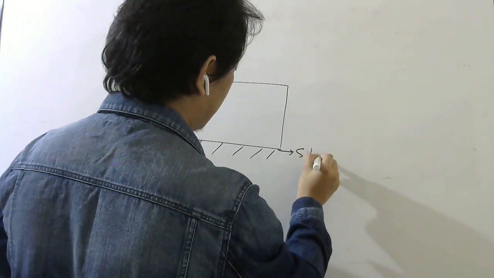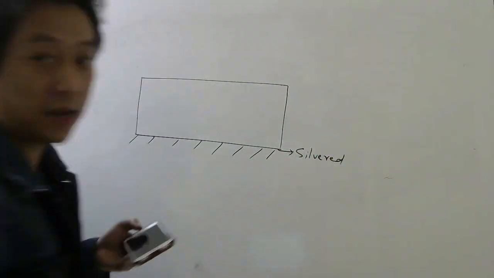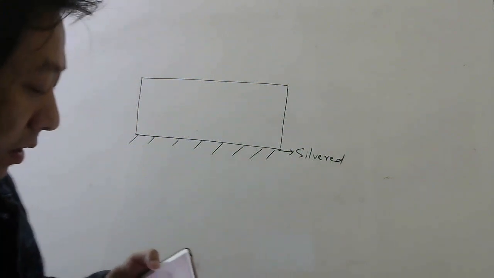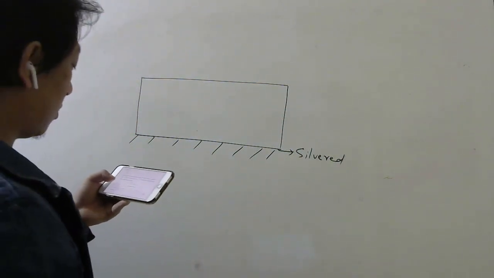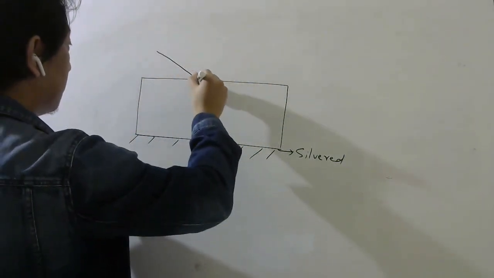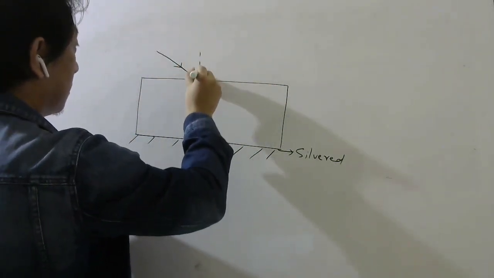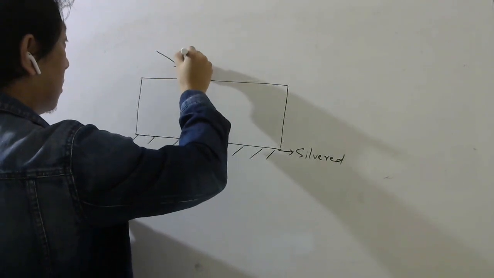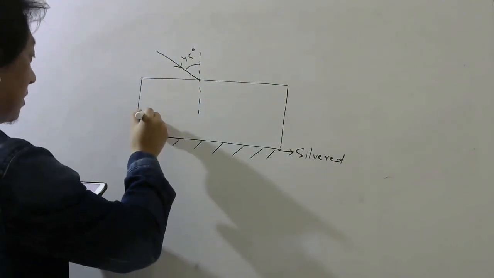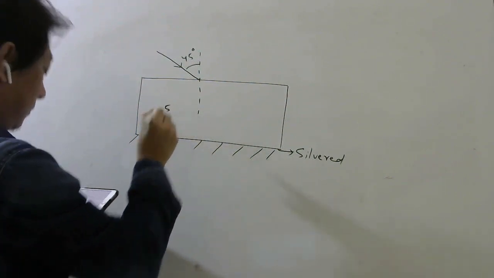Silvered, when they say, it means that it will act like a mirror. A ray of light is incident on the other side at an angle of 45 degree. So this is 45 degree. The refractive index of the glass slab is 1.5.